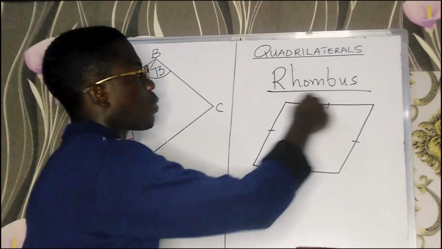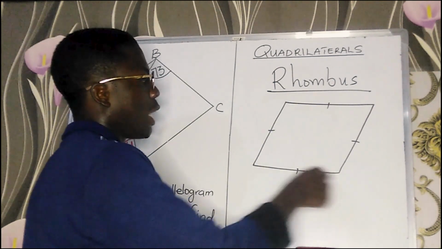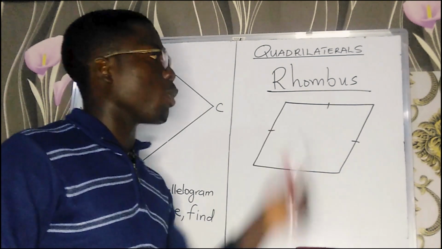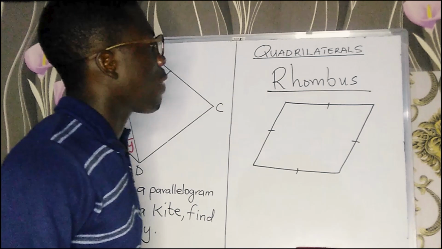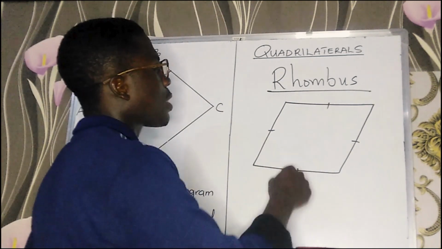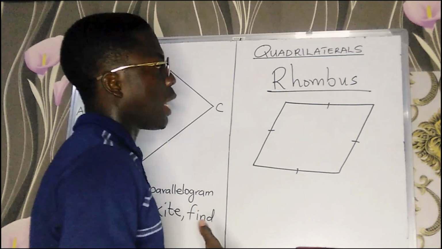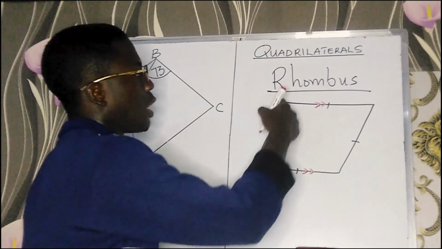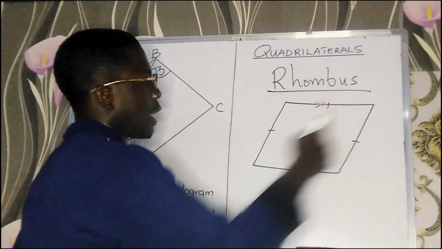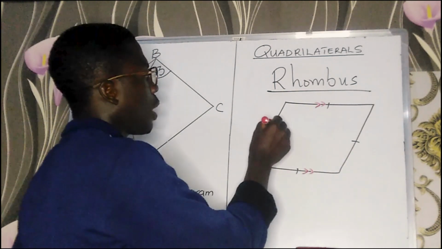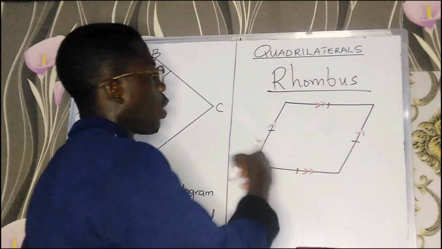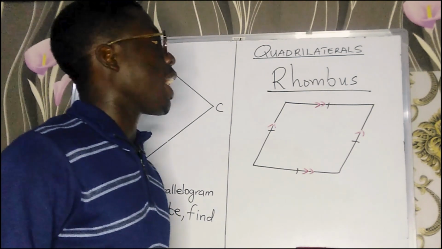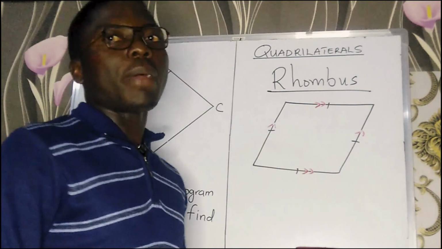So this length is equal to this one, equal to this one, and equal to this particular one. That is the first property of a rhombus. Also, another property is that opposite sides are parallel. As you can see, I have 2 arrows on this line, so this line is parallel to this one, as well as this line is parallel to this line. So opposite sides are equal and parallel.